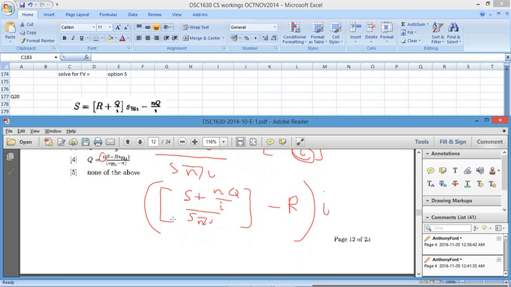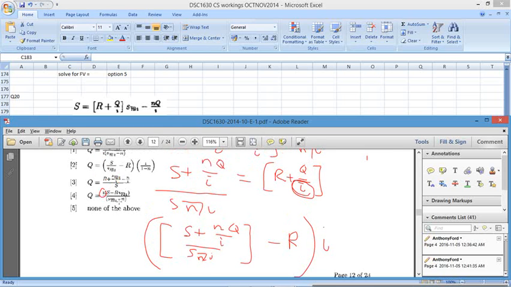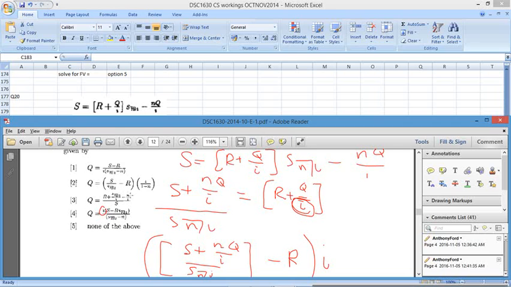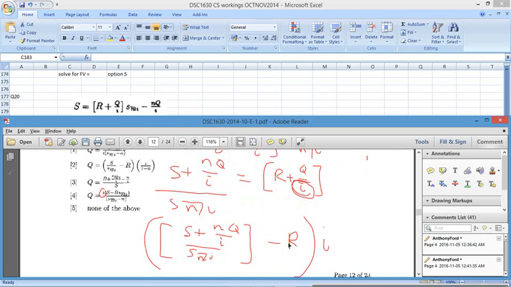Where is Q? Q is that side. Option 4 is close, but not correct because there's a minus there. Remember, if I multiply this out, it'll be I times this, which is fine.